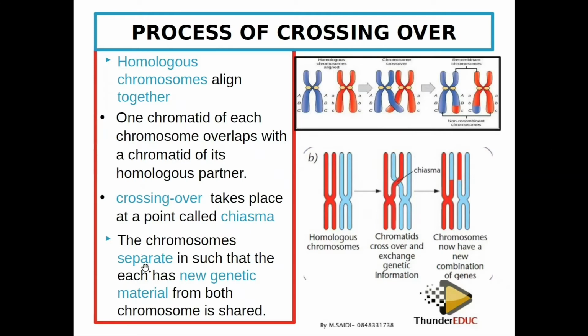The chromosomes separate such that each has new genetic material from both chromosomes. After crossing over, we now have this chromosome here and another chromosome there.